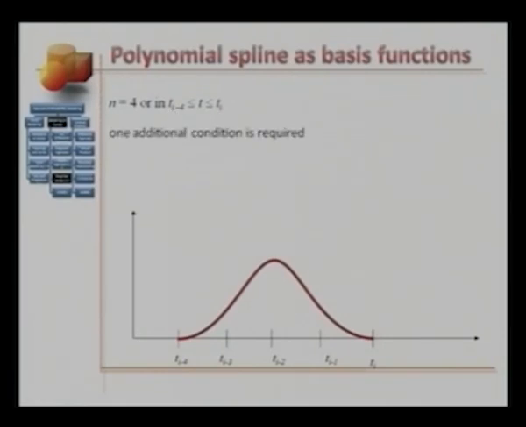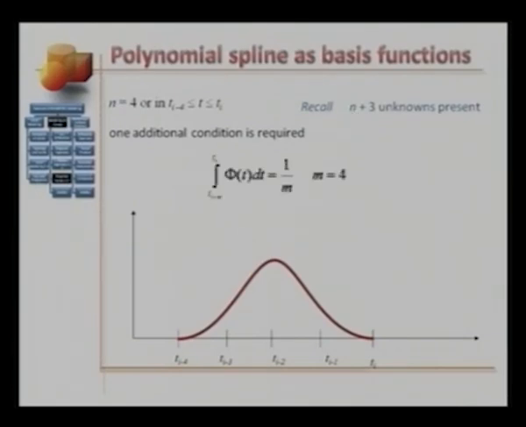We have seen before that if I had introduced another knot or another knot span, I would require one more condition in addition to the 6 conditions that we had before. Why do we need one additional condition? Well, recall that we have n plus 3 unknowns present overall, where n would be the number of knot spans.